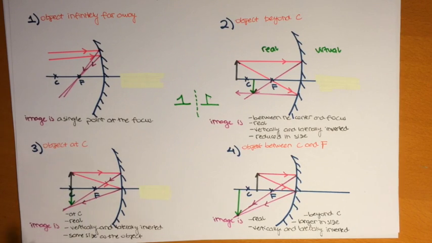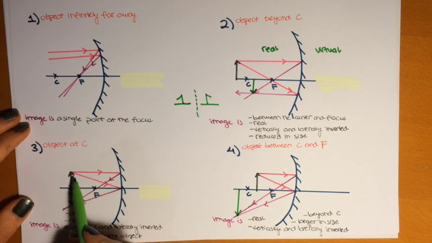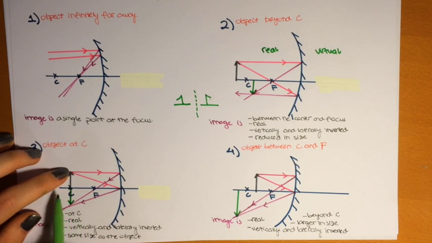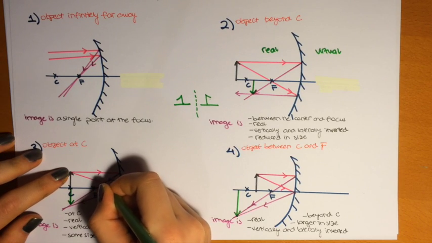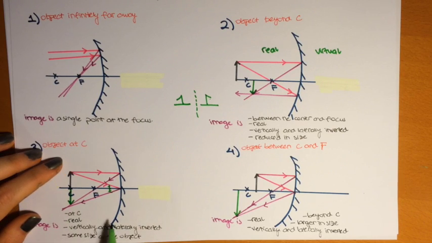Now case 3 is the object at the center. I send my special rays as I did always. Send one parallel to the primary axis, it reflects from the focus. Send the other one to the vertex, it reflects with the same angle, like this. So the image forms at the center.